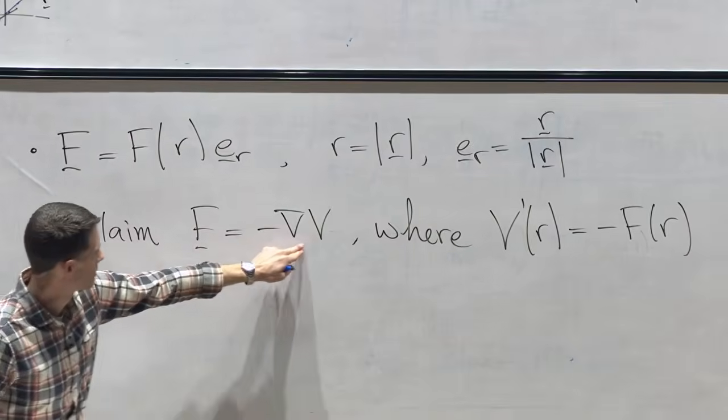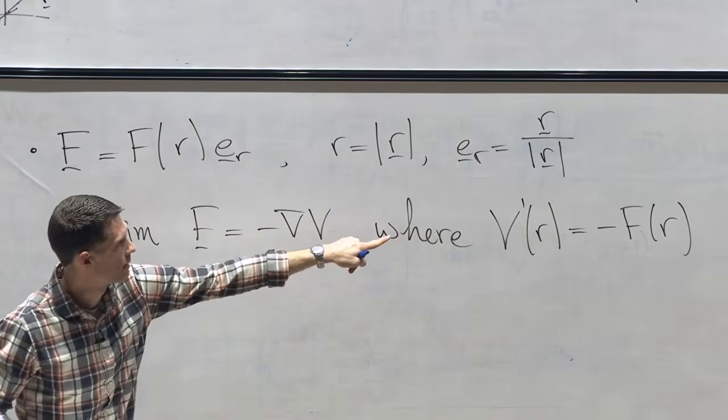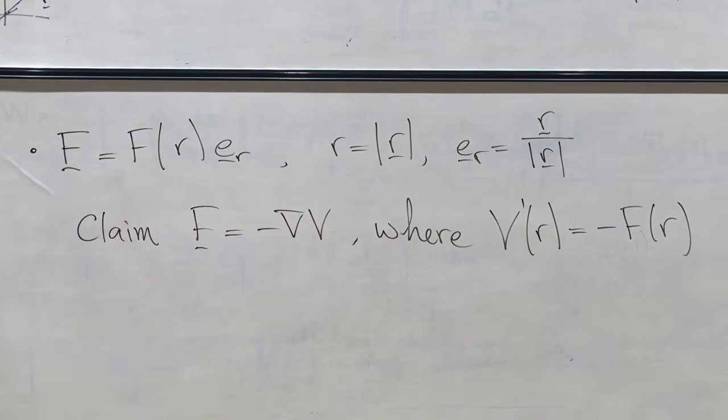And so the claim is that F is minus grad V, where V prime is minus the scalar F.